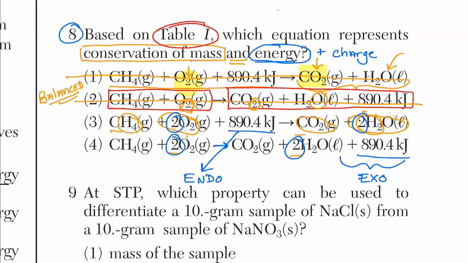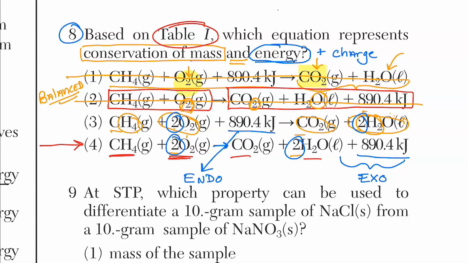But what we should know is that these reactions, 1, 2, 3, and 4, are combustion. It's burning. Okay, we use oxygen with a carbon-based fuel, and we make CO2 and water and a lot of energy. Combustion is exothermic. Now, if you didn't know that, go to Table I and let's find this exact equation written balanced and with the right energy.